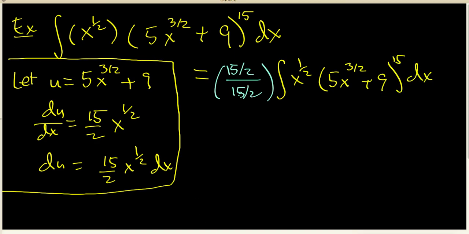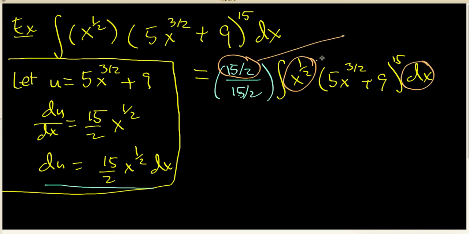Now I want to circle the things that go into the du. The du is going to be this top 15 halves, that x to the 1/2, and the dx. Those things together make up the du.